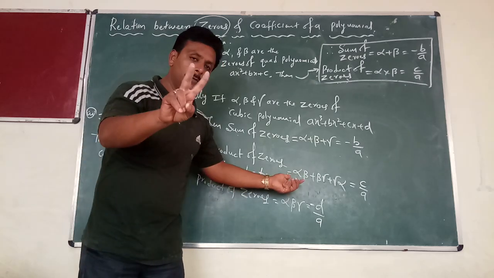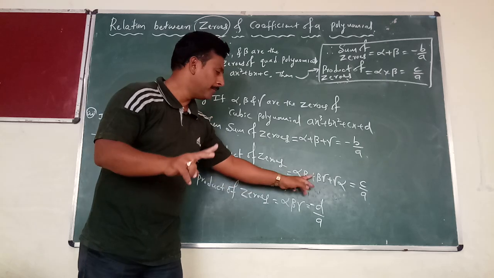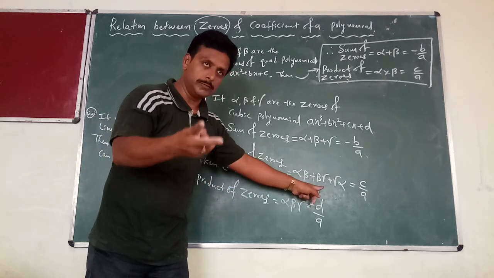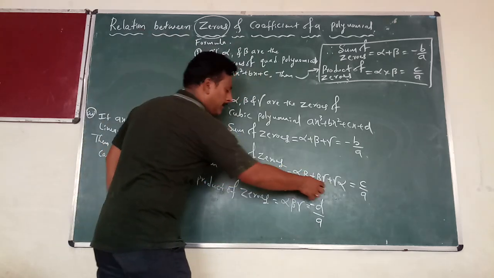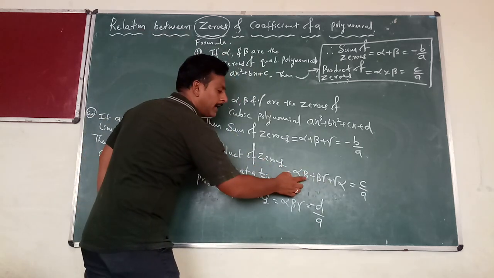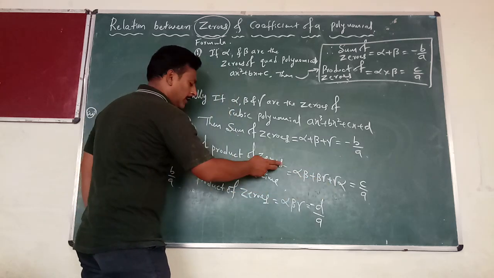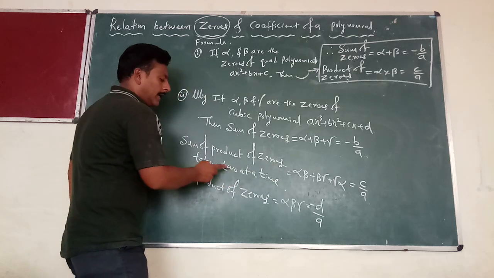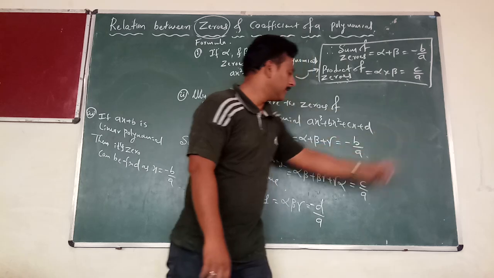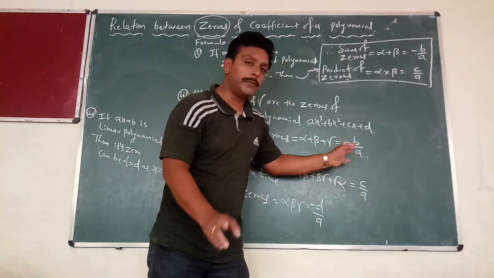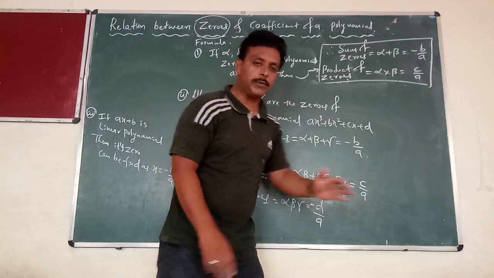Therefore we multiply two and add: alpha beta plus beta gamma plus gamma alpha. Each time we are taking 2 at a time. The formula for that is similar to this, that is c by a. Point to be noted, one is minus, one is plus.